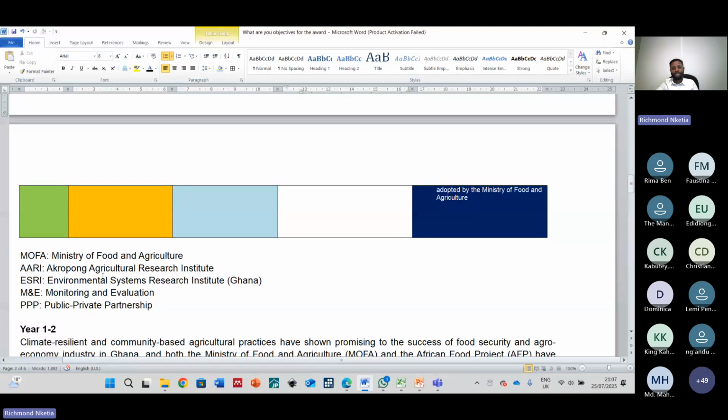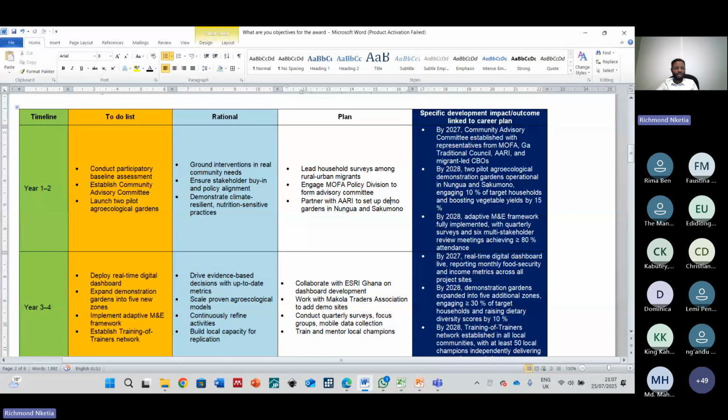These might not be real names, but I just want to show you how you should read. So I'm going to partner with them to set up demo gardens. That goes for the third one, where I said I'm going to launch 2 pilot agroecological gardens in Ngwa. So here I'm more specific about the communities where I want to do that, and Sokumona.